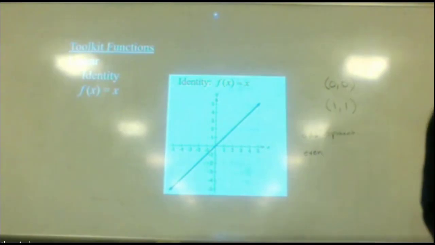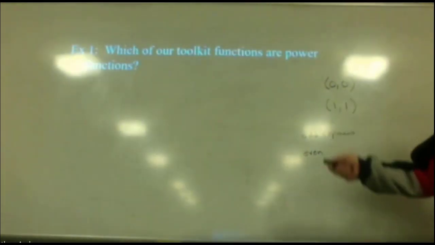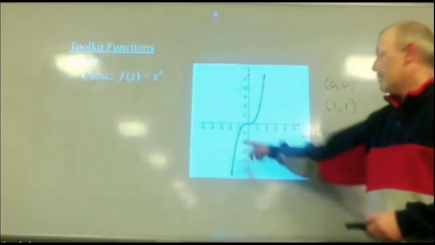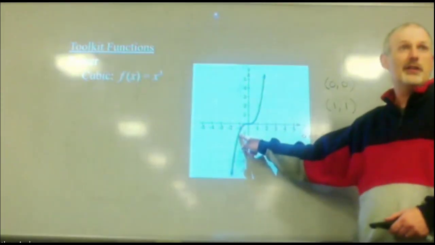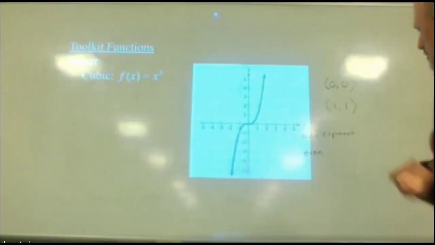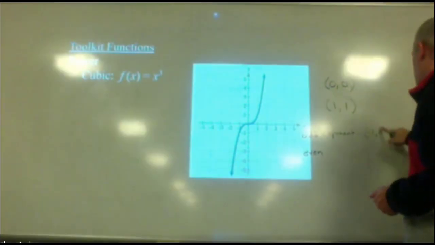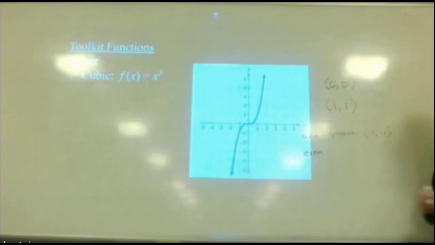Okay, and so you see it there. This one is even, so we're not talking about that one, but it's right here as well, -1, -1. So if it's an odd exponent, this point will be in each of them. The -1, -1.